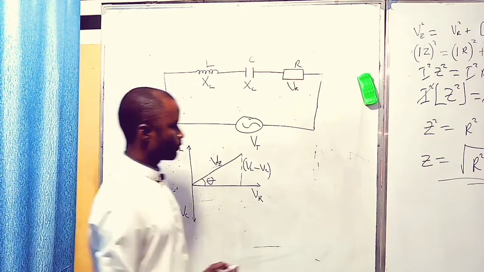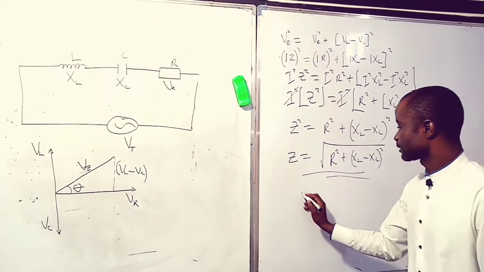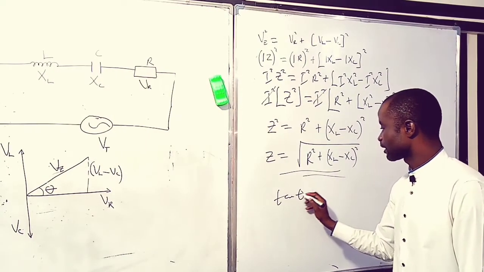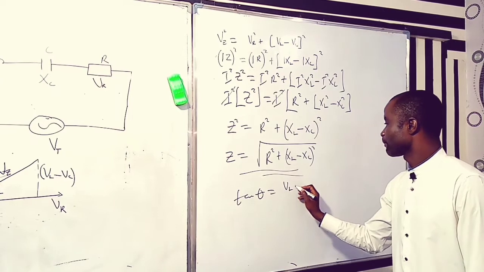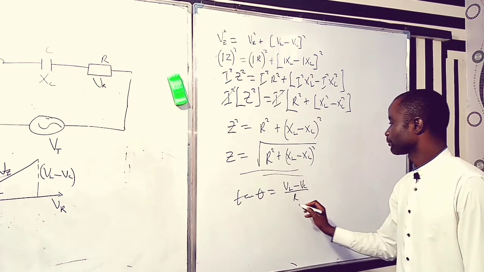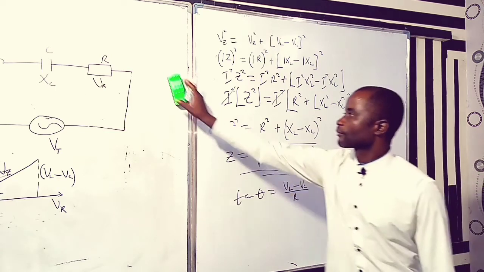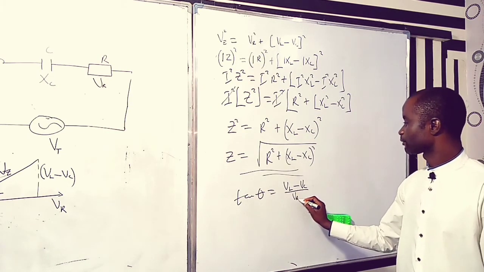That's tan theta. Tan theta is equal to, what's the opposite there? We have VL minus VC over VR.